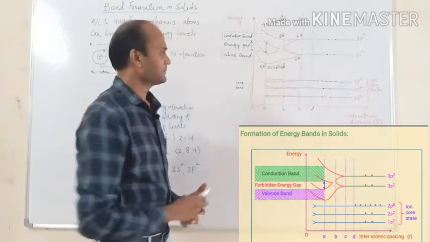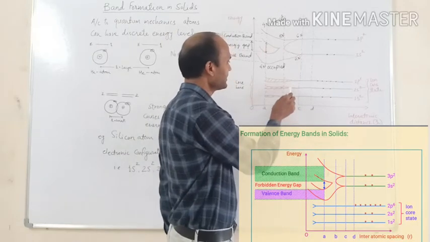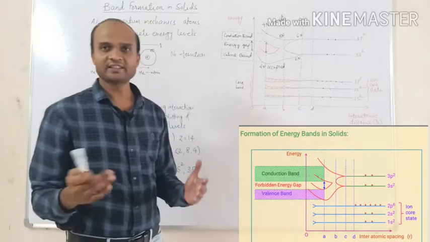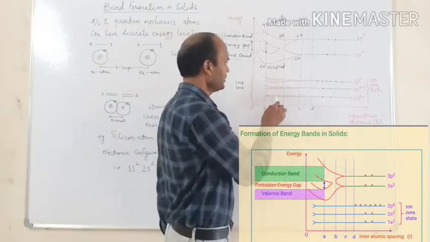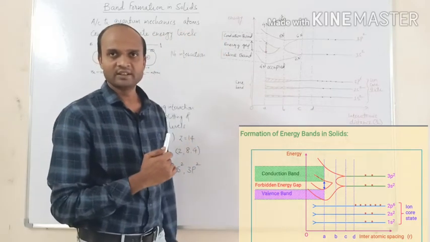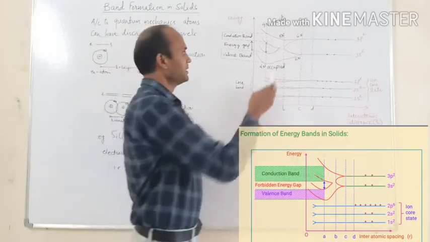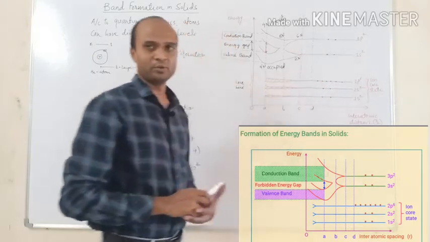Now you can see as the distance decreases further, splitting increases, because interaction increases and splitting becomes more and more. The splitting of these inner energy levels we will discuss later on. For us important are 3s2 and 3p2.